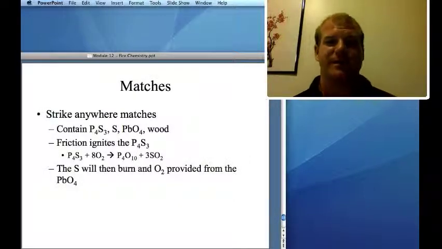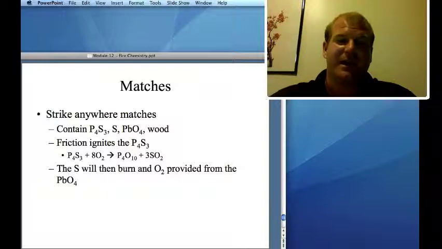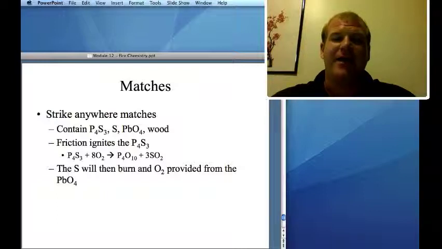And I'm going to close this talk by talking about matches, something that's a little more at home that you're used to. So we'll talk about safety matches and strike anywhere matches. Starting with strike anywhere matches, they contain tetraphosphorus trisulfide, sulfur, and lead oxide, lead 4 oxide, and they're on a piece of wood. And the idea is the friction will ignite.